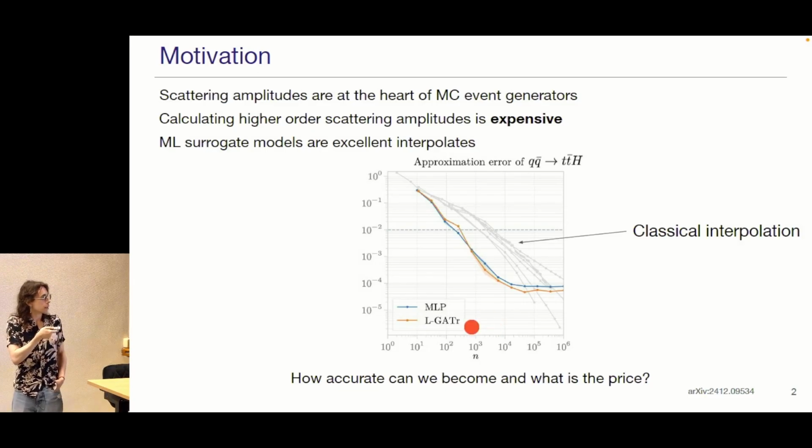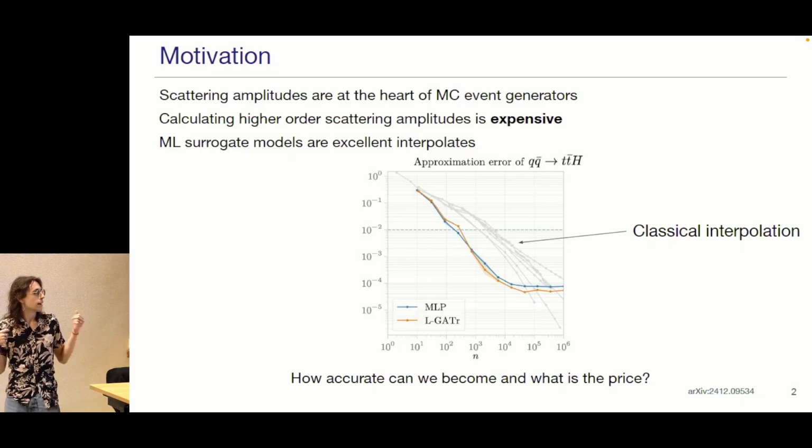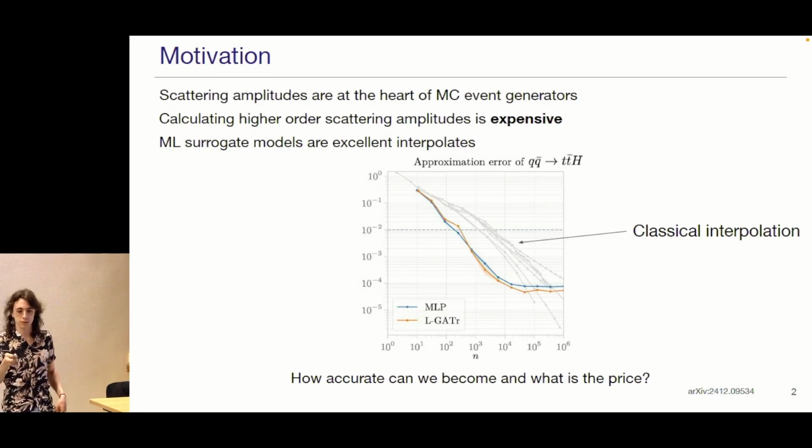It's very cool that you get a very predictable increase in performance, and then, for reasons that will be clear, suddenly you get a plateau. So it's not as good, but the idea is, let's understand this behavior, see how accurate we can get, and what's the price, how much training data and resources we need to invest.